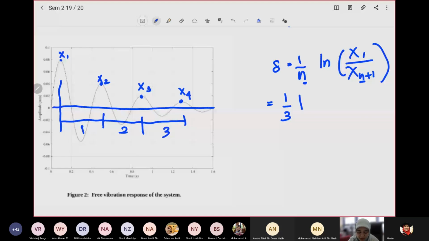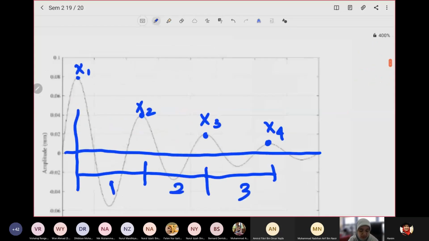So then, what is your x1 value? Can you see the value? 0.08. Maybe the last one, what is x4, class? Can you see? 0.01. Halfway, right?